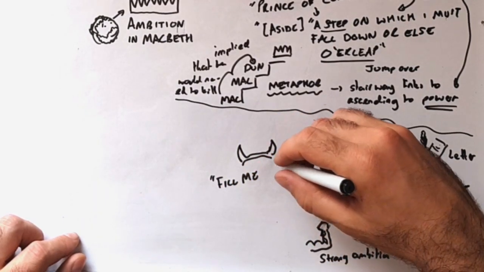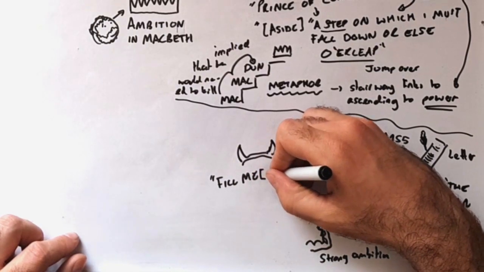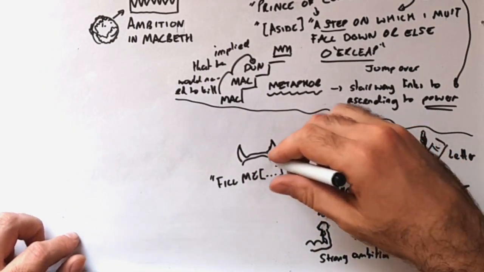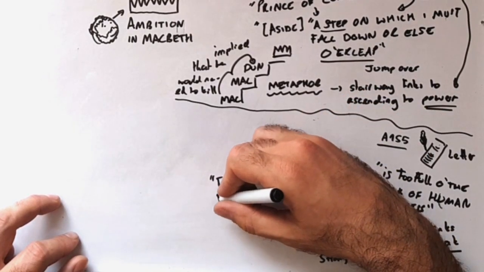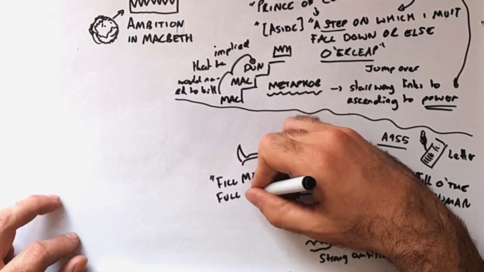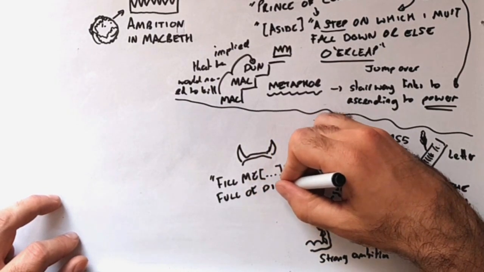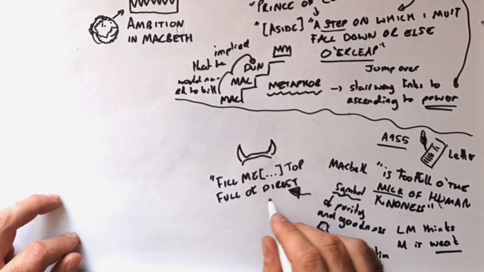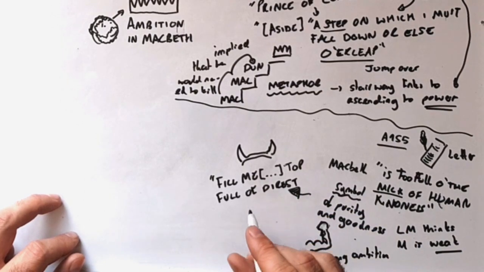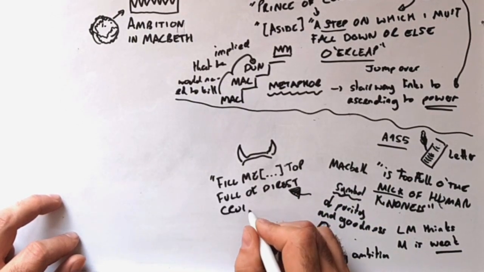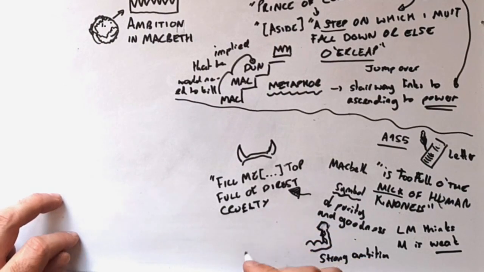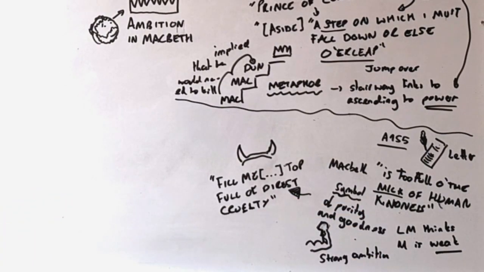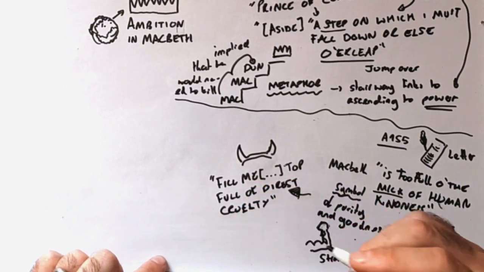The full line is from the crown to the toe, but we can shorten it: top full of direst cruelty. We've got the superlative adjective direst, the worst kind, and cruelty. So again, she wants to be metaphorically filled with evil.